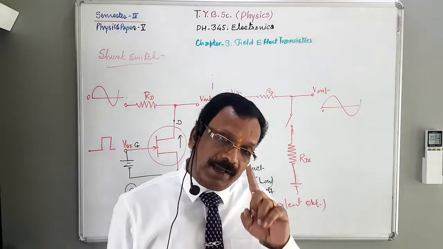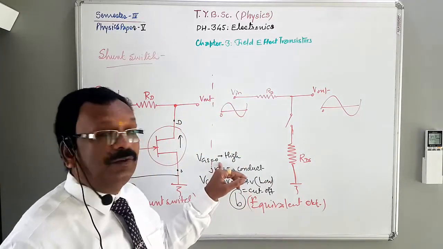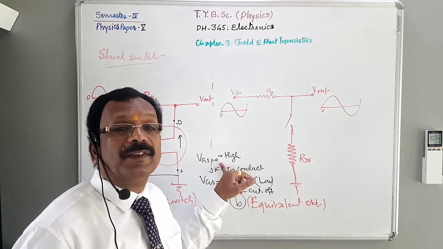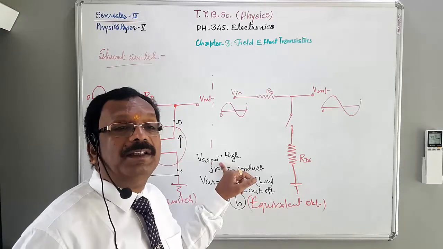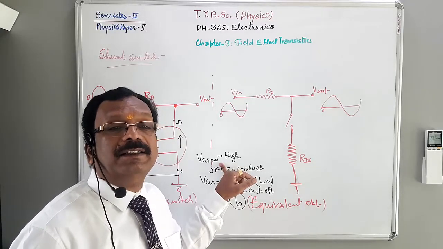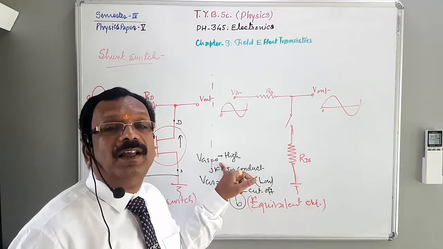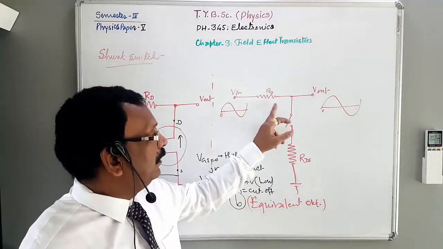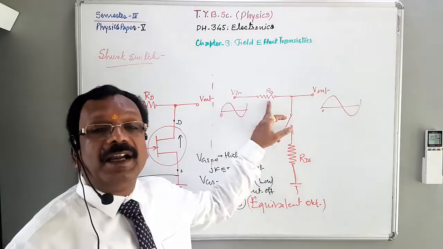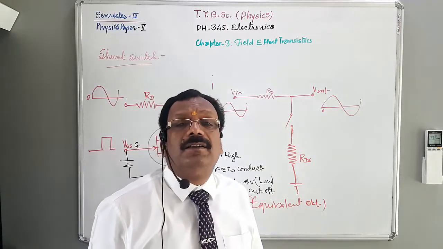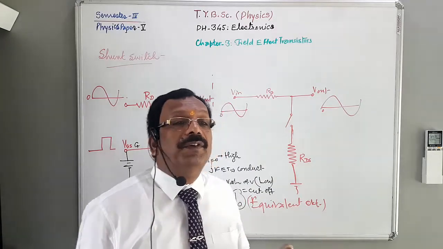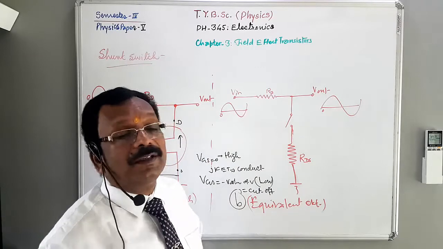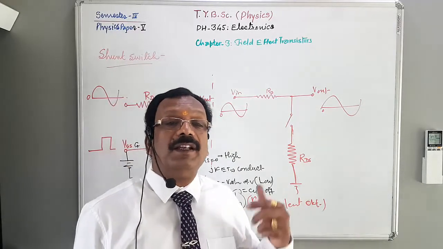Note that when VGS is 0, that is, when VGS is high, the JFET operates in the ohmic region and conducts, and since its RDS is very small as compared to RD, obviously V out is much smaller than V in.